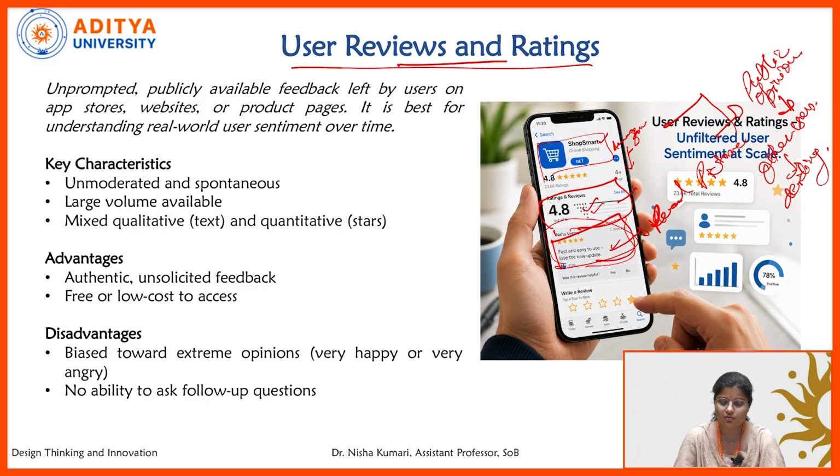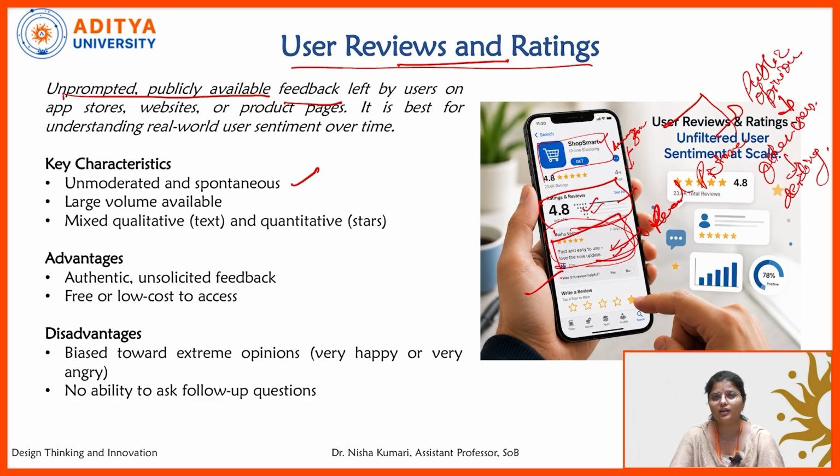So when we talk about user review ratings, these are unprompted and publicly available feedback left by the users, and they are unmoderated and spontaneous. It's not like you can change this feedback. It's given publicly by the users. We can't modify it and we can't change it.